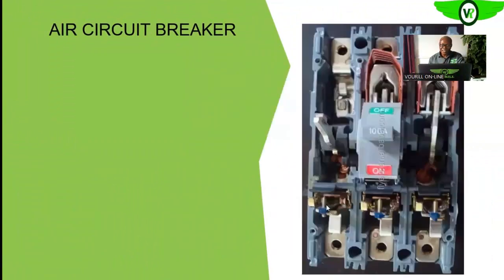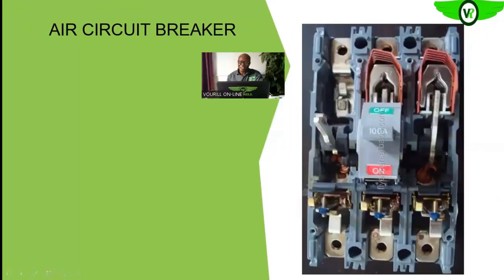So now this is the air circuit breaker. Remember when we were looking at the miniature circuit breaker and the moulded case, this is a moulded case circuit breaker anyway, and it's an air circuit breaker. So this is the stationary contact, and this is the movable contact of this particular breaker.